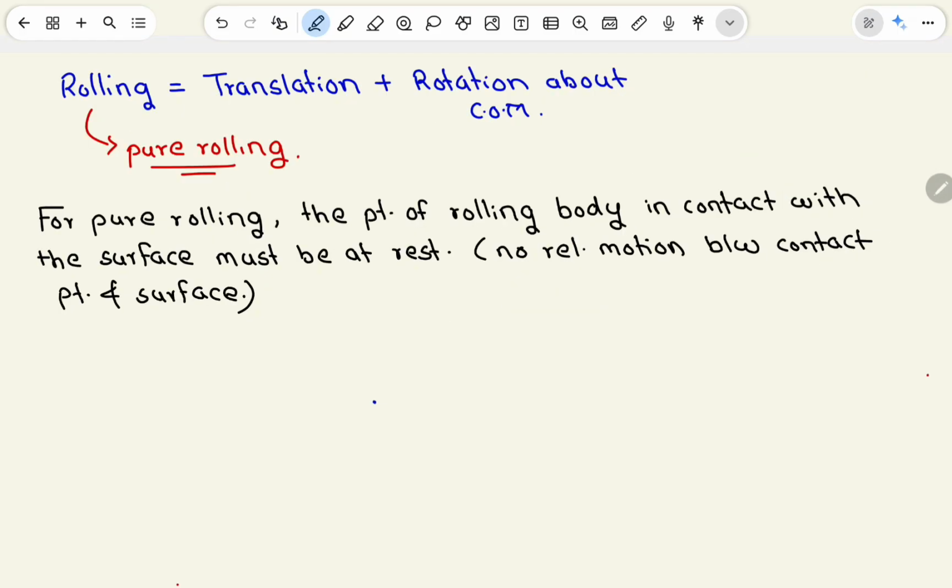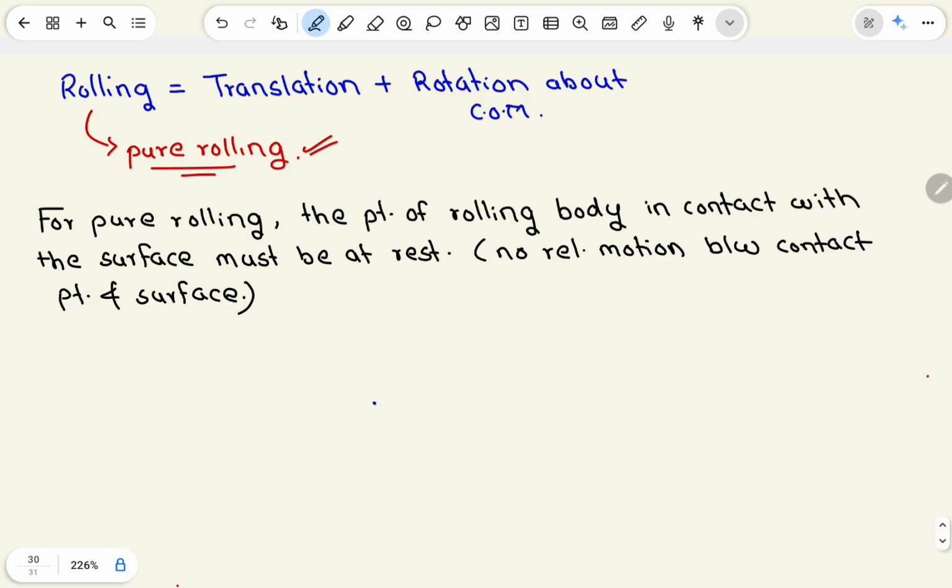Now, there are different types of rolling motion, which are pure rolling and rolling with sliding. The rolling motion that we are going to study and concentrate on is pure rolling motion. Now, I have written the definition of pure rolling motion. Let's see what it is. For pure rolling, the required condition is as follows.